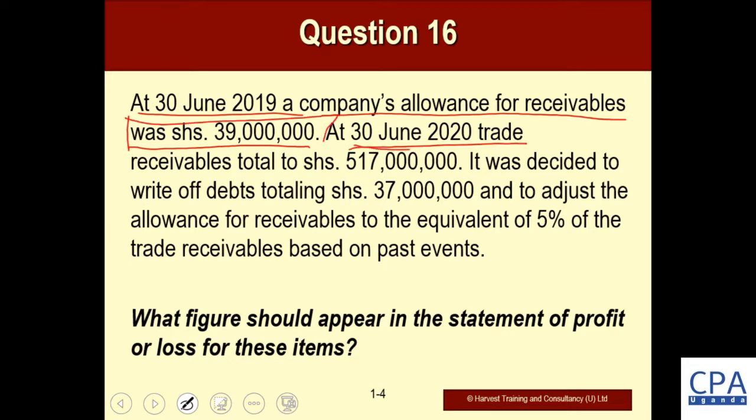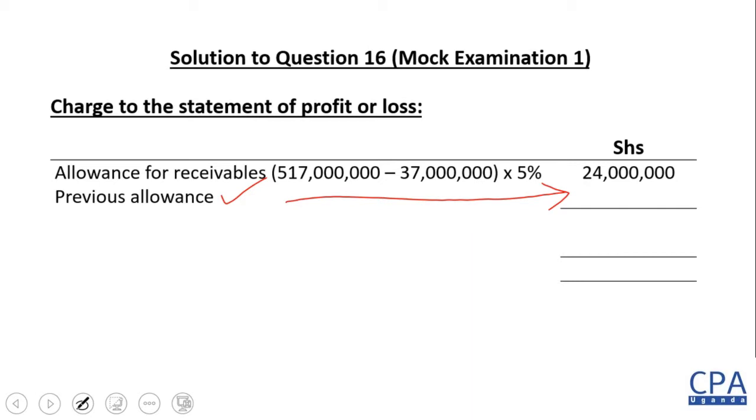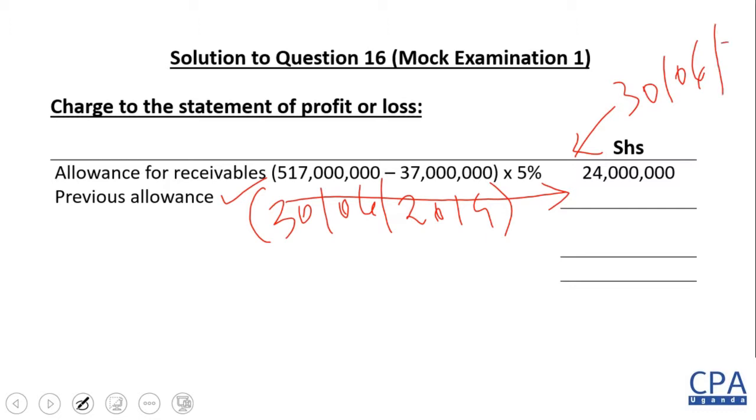As at 30th of June 2020, we have obtained a new provision of 24 million. So what is happening here? I'm going to compare the previous allowance, for 30th of June 2019, with the allowance for 30th of June 2020.